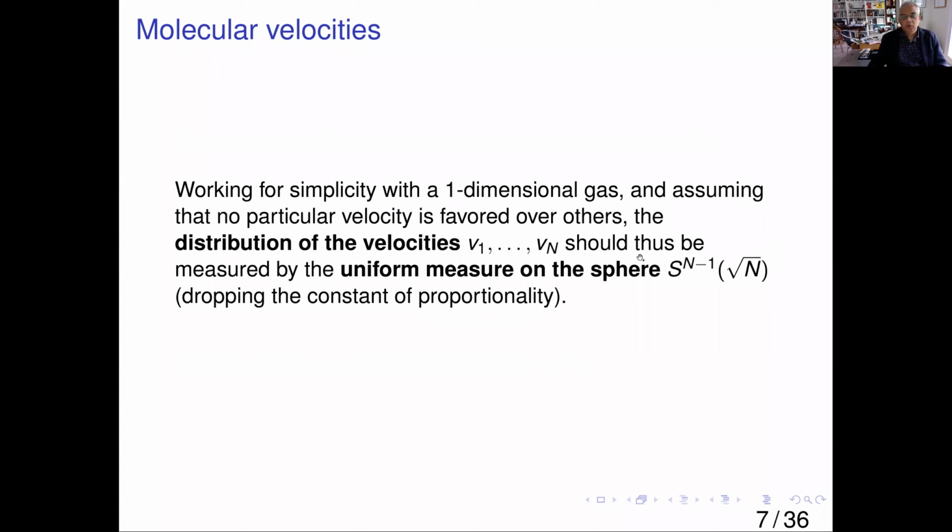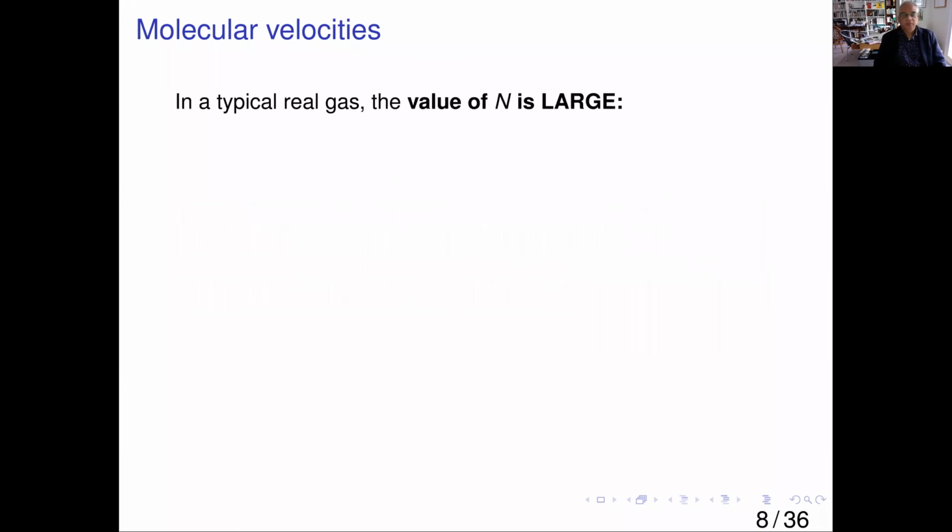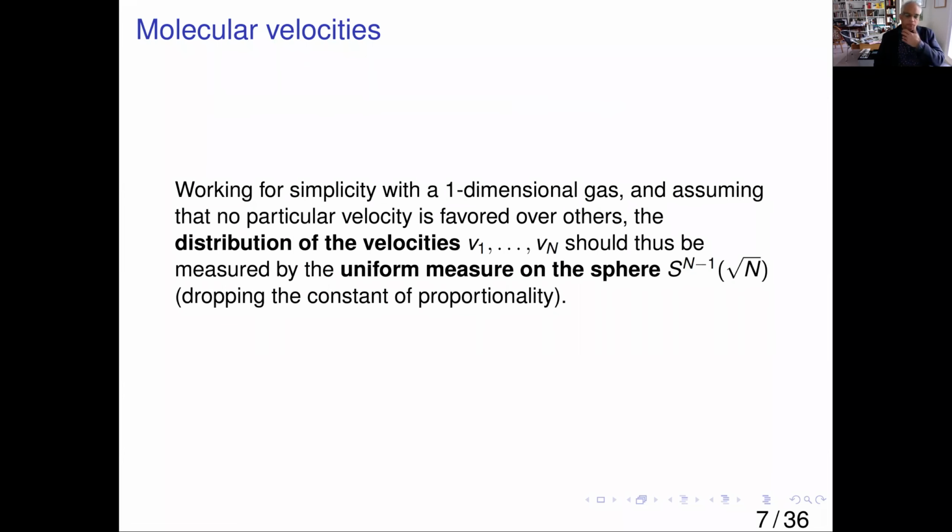So it's reasonable to assume that at least in some steady state and in equilibrium, the velocities would be distributed in such a way that this point v1 through vn is uniformly distributed on the sphere of radius square root of n. That is the reason why one would think of the uniform measure on that sphere.